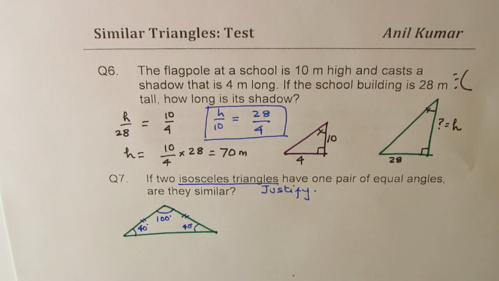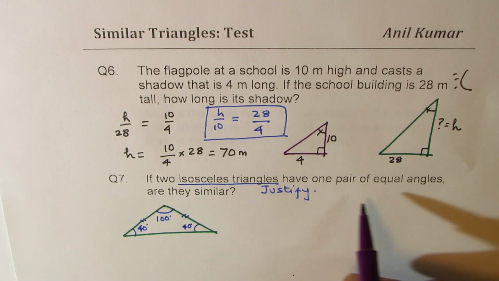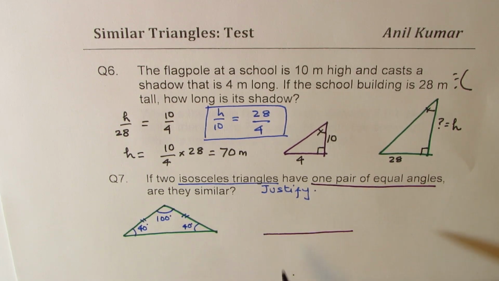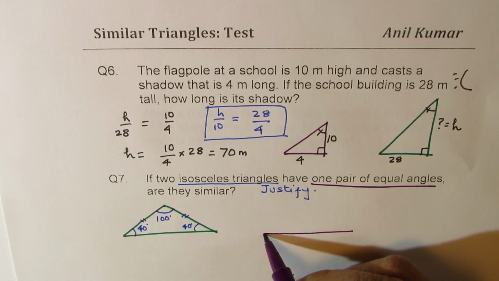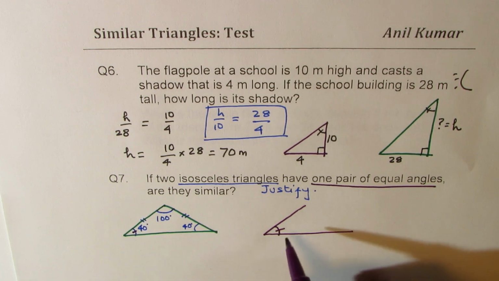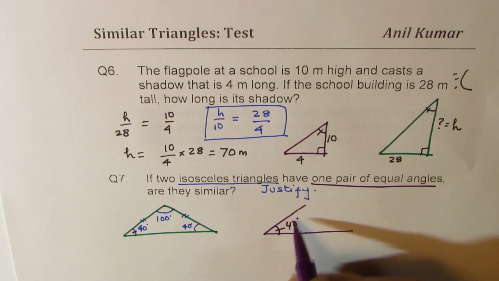Now, let us say in this situation, we know one pair of angles is equal. So in that case, let's say we have this pair as equal, 40 degrees.